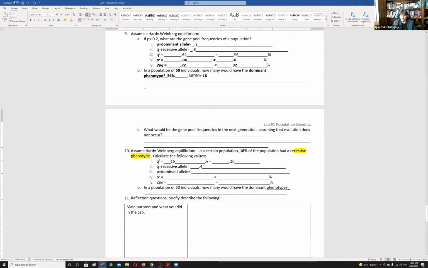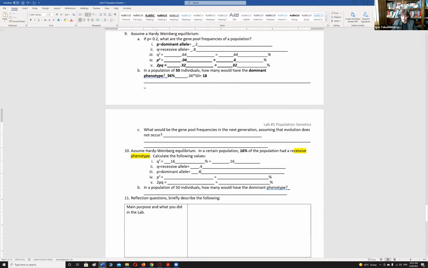Square root of 0.16 is 0.4. Now, if I know that my q is 0.4, my p has to be equal to what? p plus q equals 1. If q is 0.4, then p is 0.6, excellent.